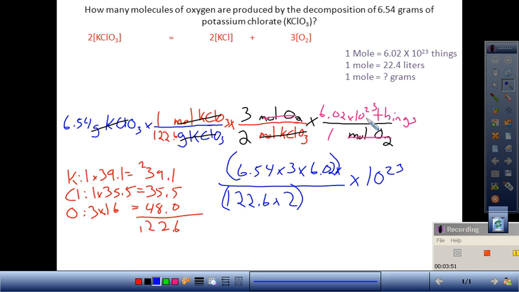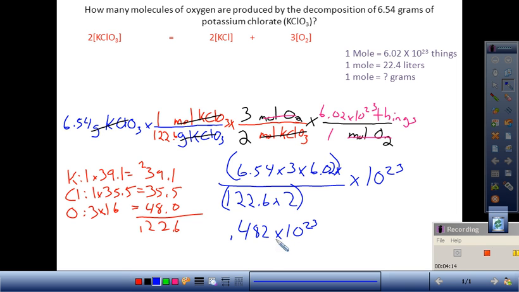And I'm going to take my scientific notation and leave that till the end. Alright, so I'm going to plug all of that into my calculator. Let's see, what do I get? I get that. So all this in my calculator is 0.482 times 10 to the 23rd.